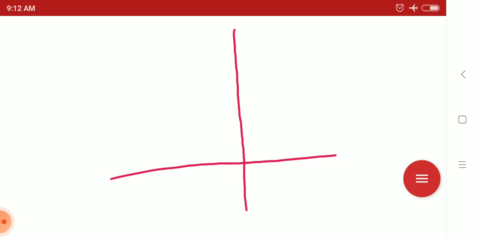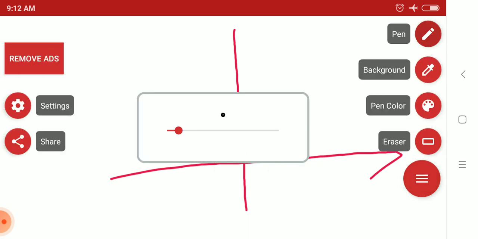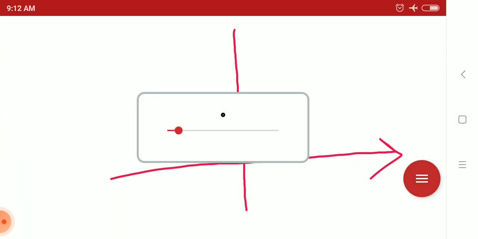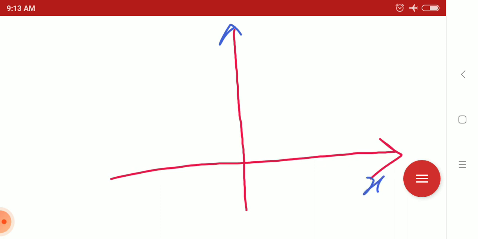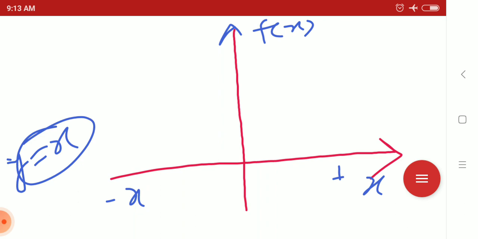Here it is x, here it is f of x. f of x equals x when x is greater than 0, so this is the positive portion of x, this is the negative portion of x. That means y equals x, a straight line going through the origin.